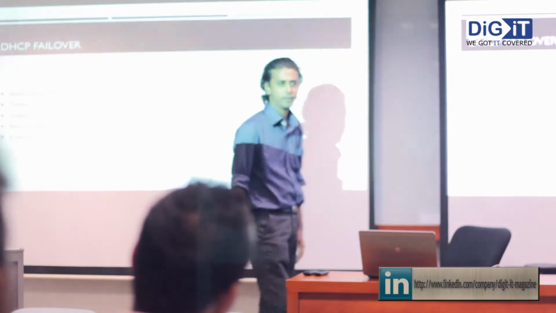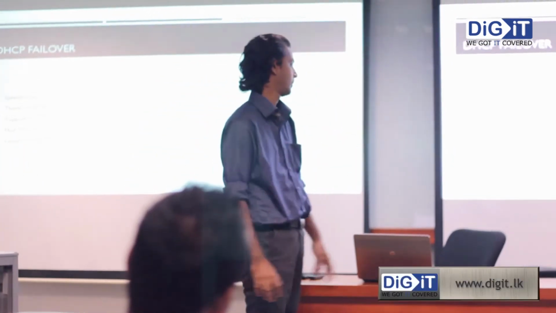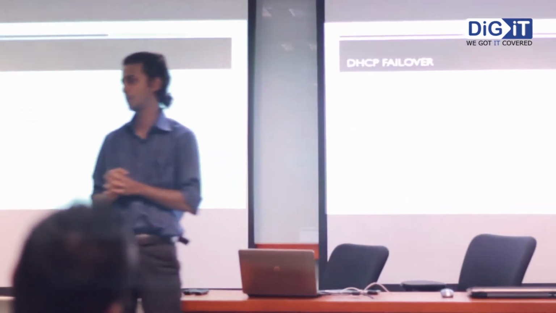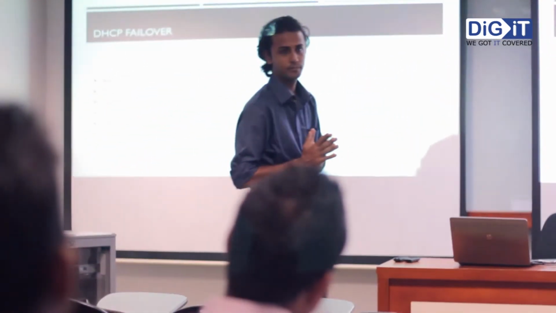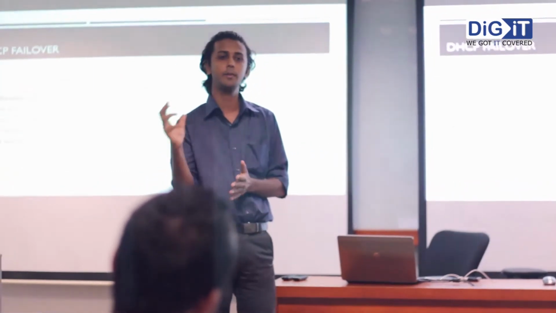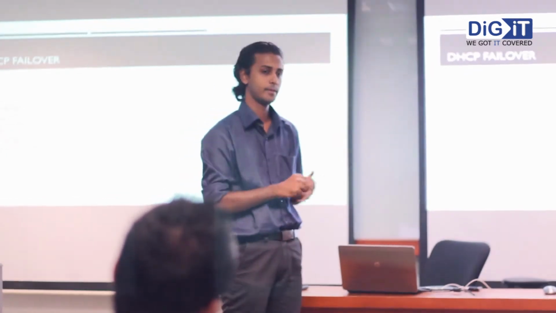Then DHCP failover. For redundancy purposes, we can configure DHCP failover. With Server 2008 or Server 2008 R2, is there any option? Yes, we can configure DHCP on failover clustering. Then what is the advantage?